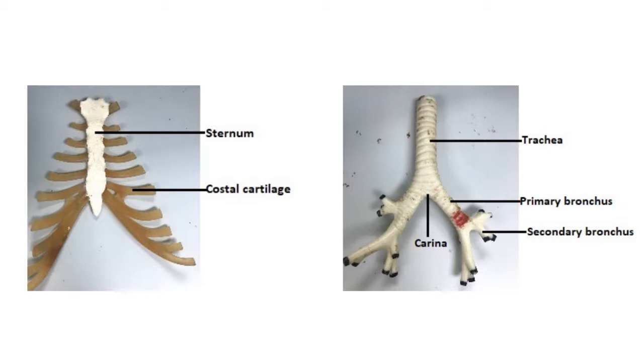So we may ask sternum, anything. So, for example, here it is the sternum. So I will put the mark. Here I will write station 1. So this is station 1 here.